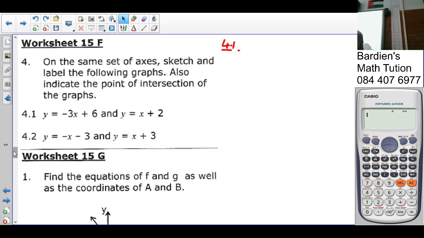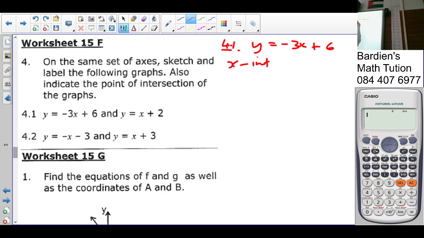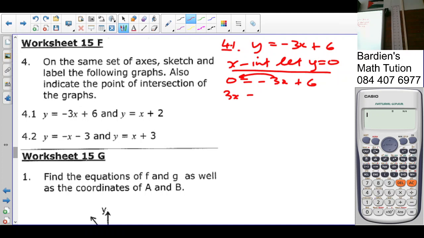Okay, so the first one is y is equal to negative 3x plus 6. So to sketch this graph, what do I do? I work out the x-intercept. How do you work out the x-intercept? We let y equal to 0. So we have 0 is equal to negative 3x plus 6. 3x is equal to 6, divided by 3, x is equal to 2.